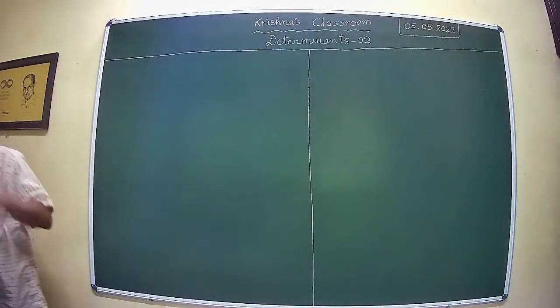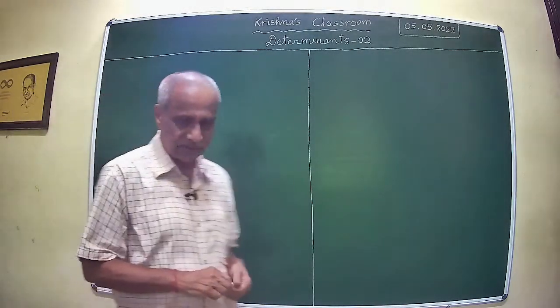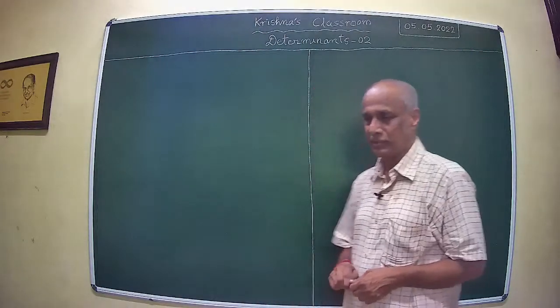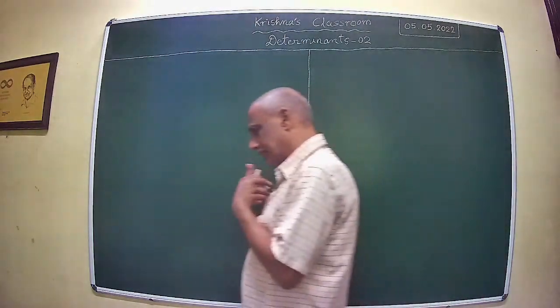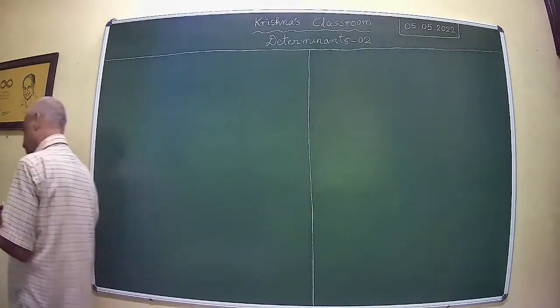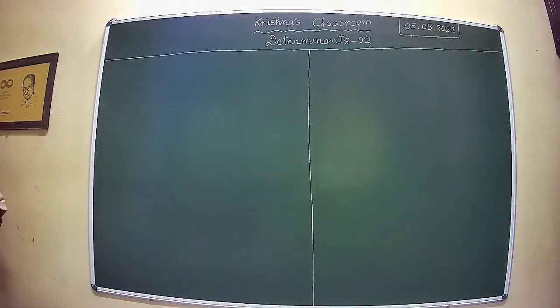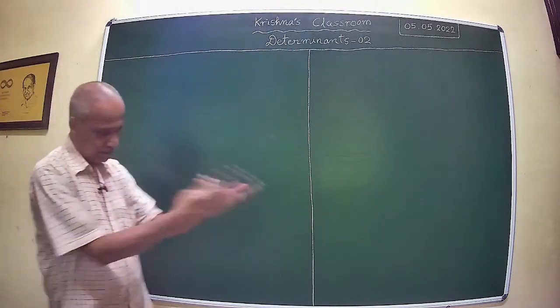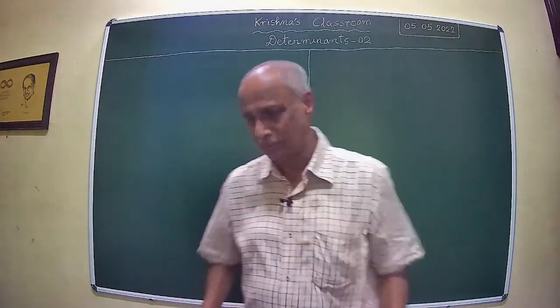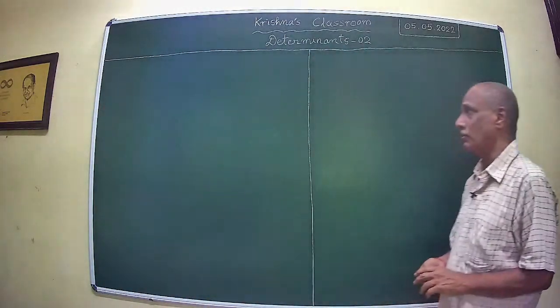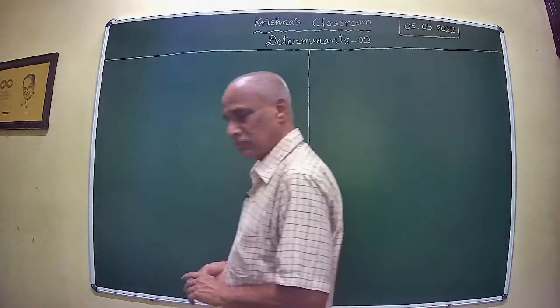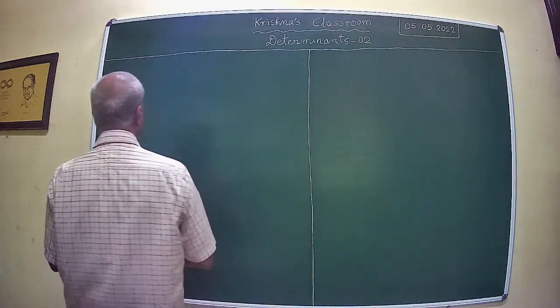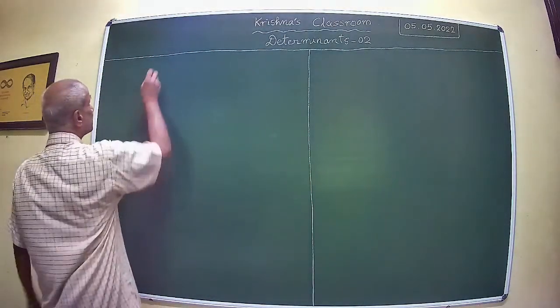Let us explore this in the context of 2 by 2 determinants. So instead of working on a general field F, whatever I do on R2 can be pushed across to the general field. There is no problem about it. So we work on what are called bilinear forms.